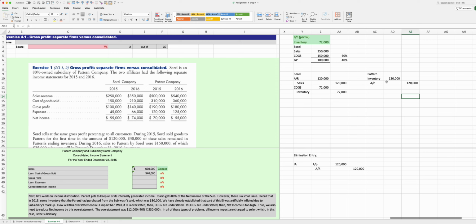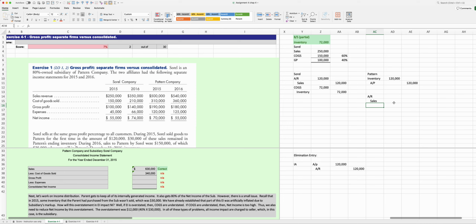So then, in all of these problems, the textbook explains that we should assume that all inventory has been sold and whatever remains, we should go back and fix cost of goods sold with that. So at this point, we're just going to assume that the parent company eventually sold everything to outside of the affiliate group.